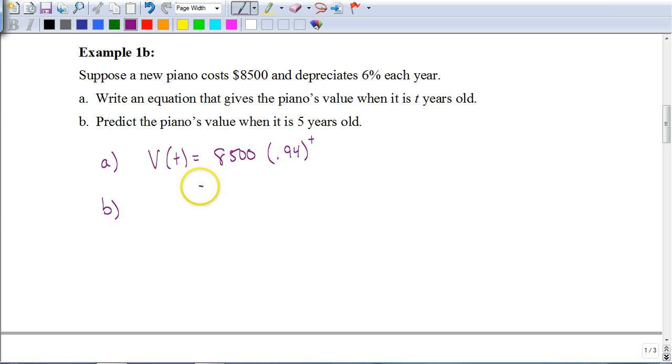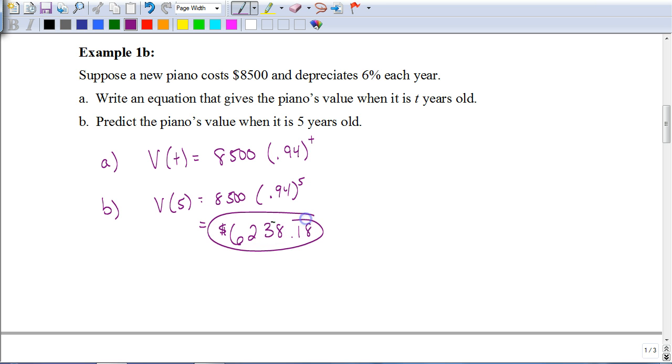In part B, we're going to replace t with 5. And when you do that, you should get $6,238.18. So that would be the value of the piano after 5 years.